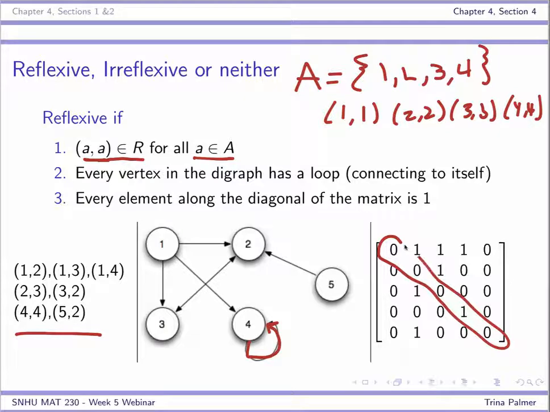Every value along the diagonal has to have a 1. I don't know why I missed 5 earlier. Please forgive me. There should be a 5 here, and there should be a (5, 5). Every element along the diagonal has to have a 1, which would mean all of those pairs are in there. I feel like I messed with you guys because I missed the (5, 5). Do you feel like you're okay?